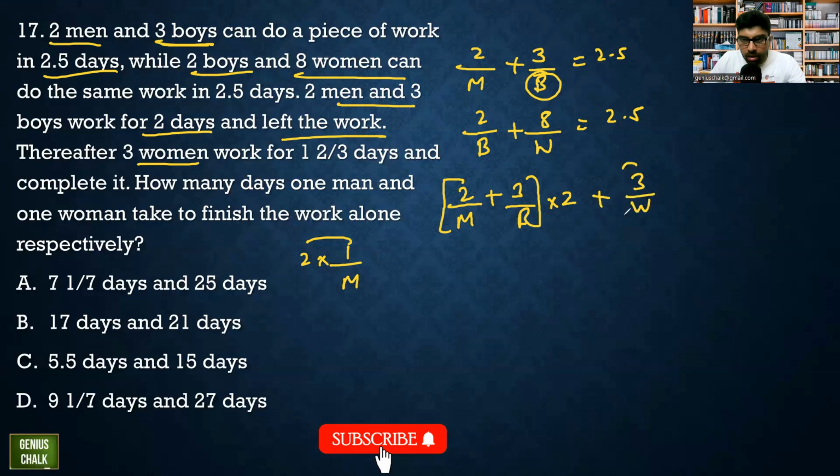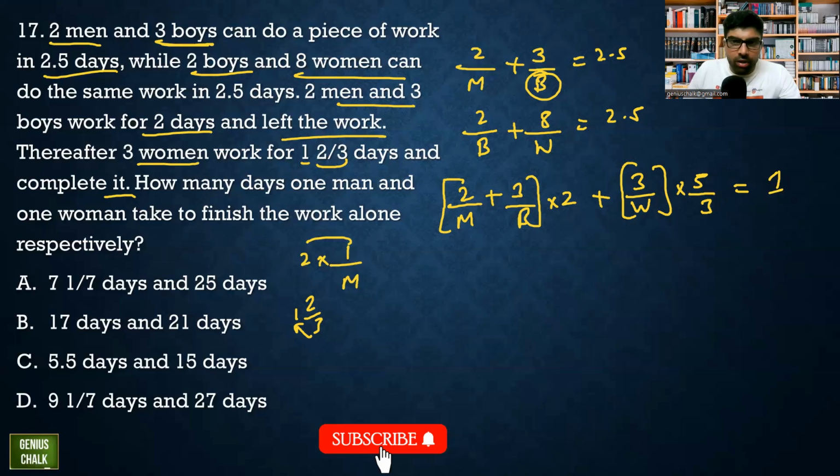3 women in 1 minus 2 by 3 means 1 by 3. 3 into 1 by 3 plus 2 is 5 by 3, and the total work is done. They complete it. So in this method we assume the total work is 1. Okay, very good question.